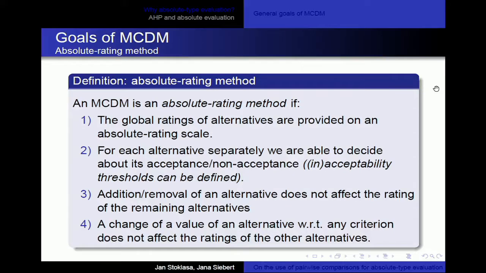There is a natural minimum and a natural maximum. And these values are also understandable, can be interpreted fully. This is a natural requirement, but not frequently present in the definition of an absolute type method. Also, the ability to decide on acceptance or non-acceptance, so essentially the ability to assess a single alternative is a requirement for absolute type methods.